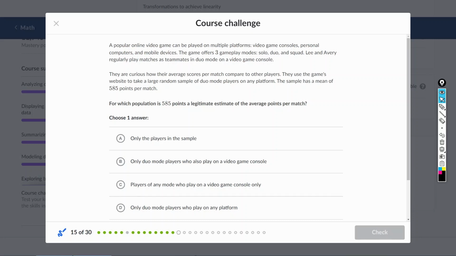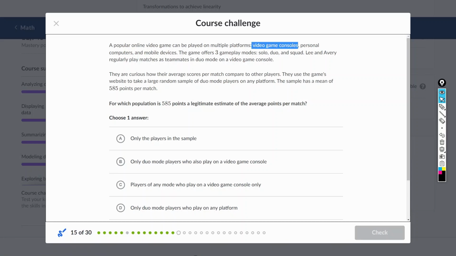A popular online video game can be played on multiple platforms. 它是 video game，computer，PC，mobile device 有3种。The game offers 3 gameplay modes: solo, duo, and quad. Lee and A regularly play matches as teammates in duo mode on the video game. They are curious how their average score per match compares to other players.